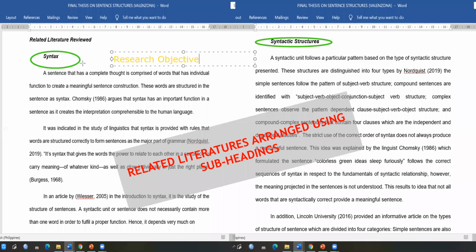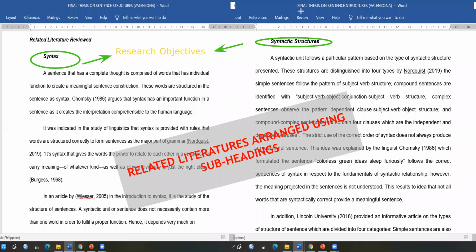And my sub-problem 2 is asking about syntactic structures. So you should not just make things up. Everything must be connected with your chapter 1. Okay, that's for related literature.